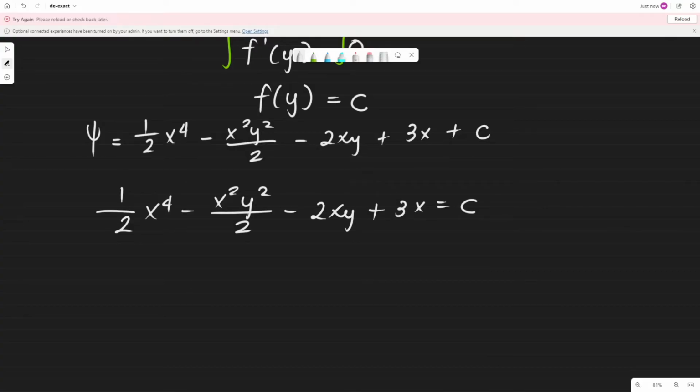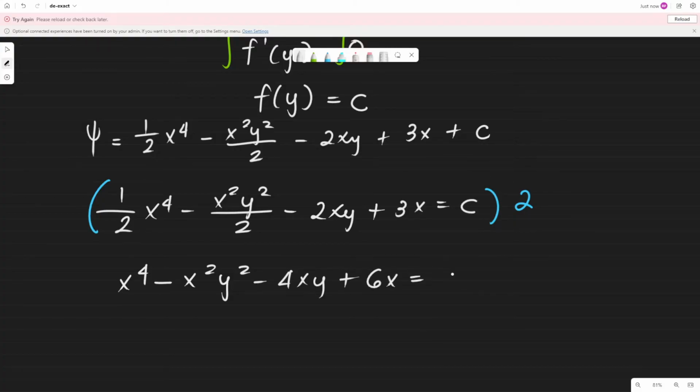No. No? Bakit hindi? No, we need to simplify yung mga fractions natin. So, we're going to multiply what? Let us multiply 2, no, to the whole equation. So, we'll have x to the 4th minus x squared y squared minus 4xy plus 6x is equal to still C. Kasi nga, 'di ba, arbitrary constants absorbs the value of other constants, no?